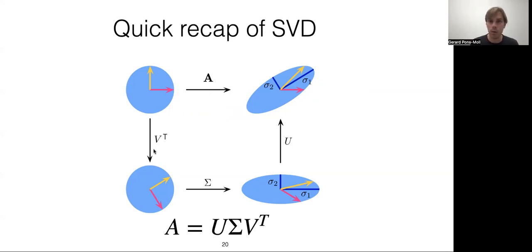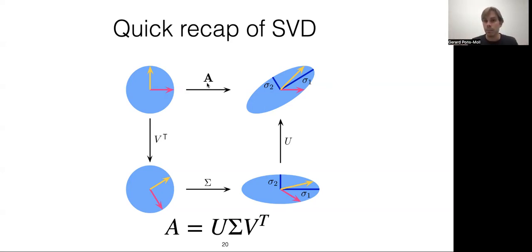One is an orthogonal transformation, followed by a scaling along each of the axes. That's why you have this diagonal matrix sigma, followed by another orthogonal transformation. And so this is an interesting, very general theorem, because it tells us that any linear mapping is just a composition of rotation, stretching, and rotation again.